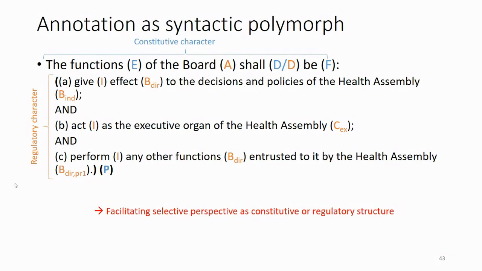It can take the shape of a constitutive, or retain rather the shape of the constitutive statement, but also take the shape of a regulatory statement that's just shown in the previous example here. So depending on the selective perspective you apply, you can treat it as either statement. If you are interested in the analysis by form, of course, it would be treated as a constitutive statement primarily.